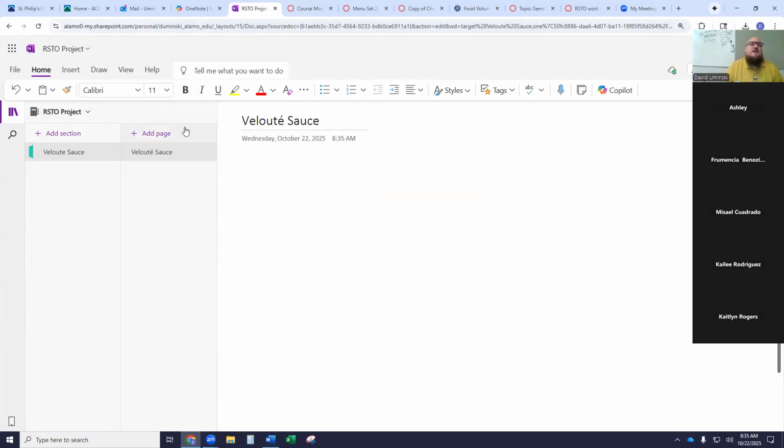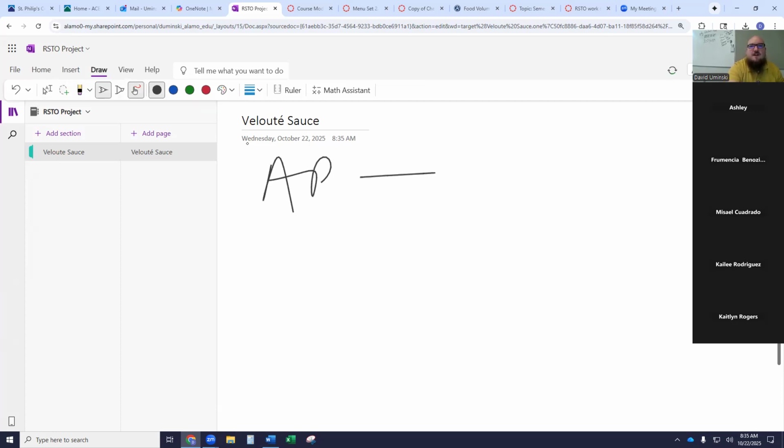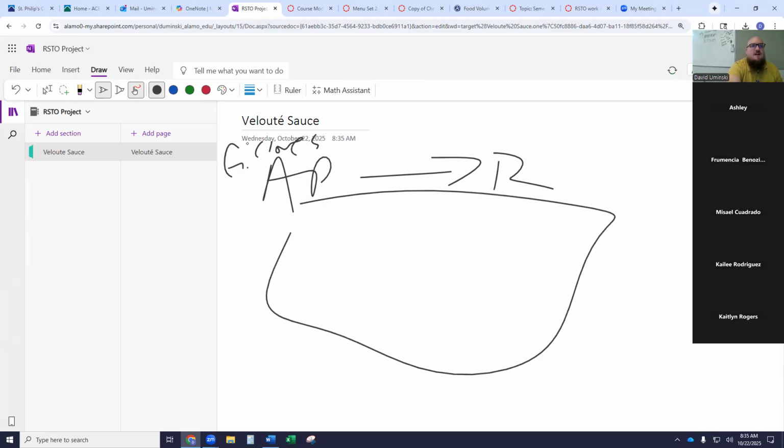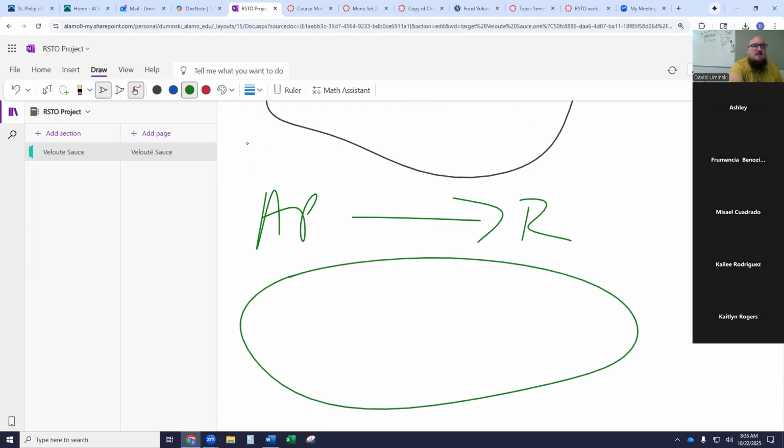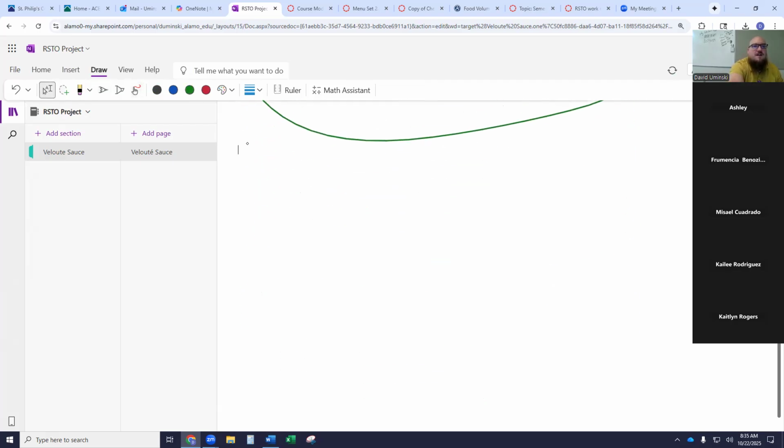And then here we can go to draw, and draw with touch, and we can do our AP to recipe. So we can do garlic cloves. As we are doing all of our math here, and then we get down to the next one, we can move and draw with touch again, AP to recipe. We do all of our math right here. Then you scroll and draw with touch again. I like to use different colors so it keeps my math separate.